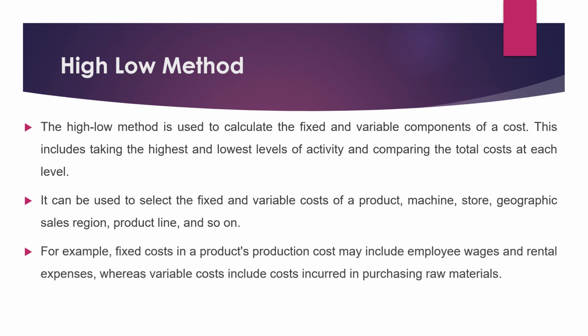For example, fixed costs in a product's production cost may include employee wages and rental expenses, whereas variable costs include costs incurred in purchasing raw materials. So we can use this method to classify them easily.